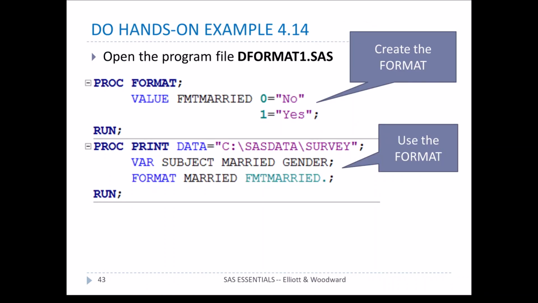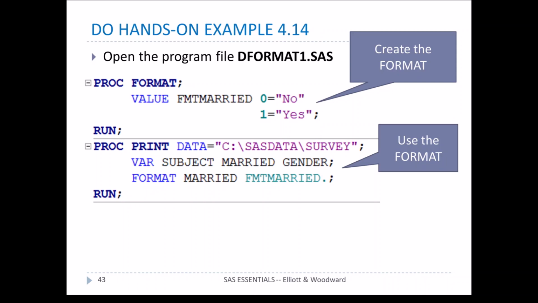Let's do hands-on example 4.14. So we're going to open up the file called dformat1.sas, and here you see the code. And we've seen these formats before. We create these formats, and then we have to assign the formats to the program, so to the procedure. So here I have PROC PRINT, data=survey, and I have some variables I want it to output.